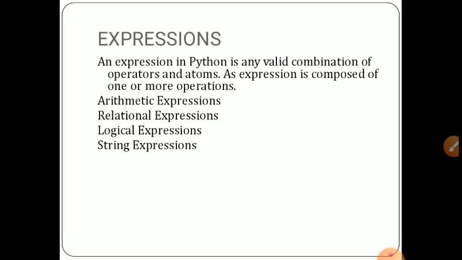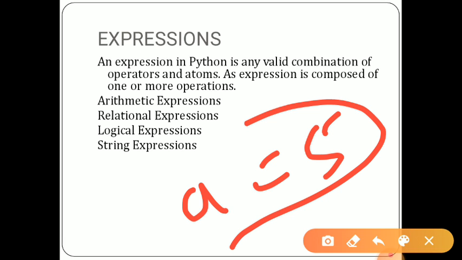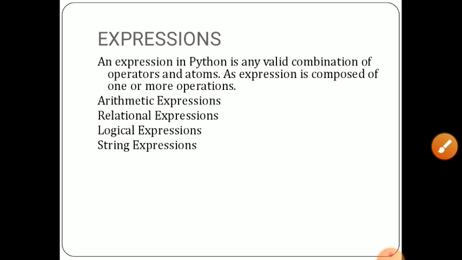Here one word is introduced: atoms. An atom is something that has a value, like an identifier, literal, string, list, tuple, set, dictionary. All of these have some values. Suppose I give a equal to 5, this is called an atom. So what is an expression?